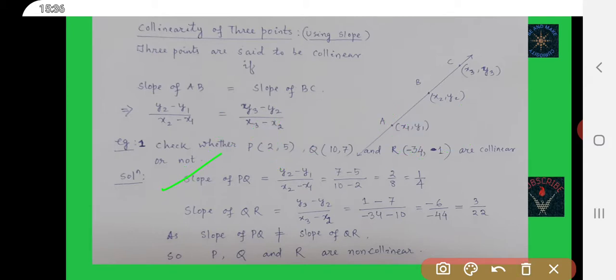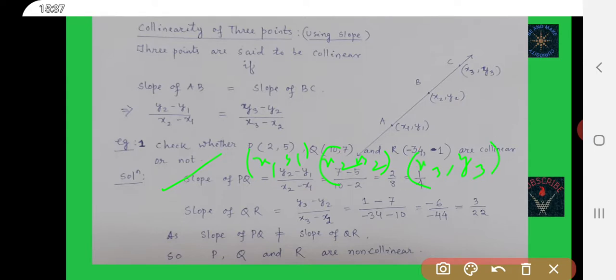So, let's find slope of PQ, that is y2 minus y1 by x2 minus x1. Here you see x1 y1, x2 y2, x3 y3.